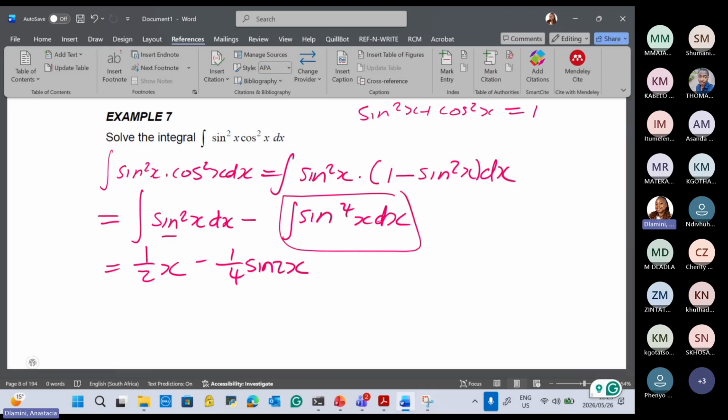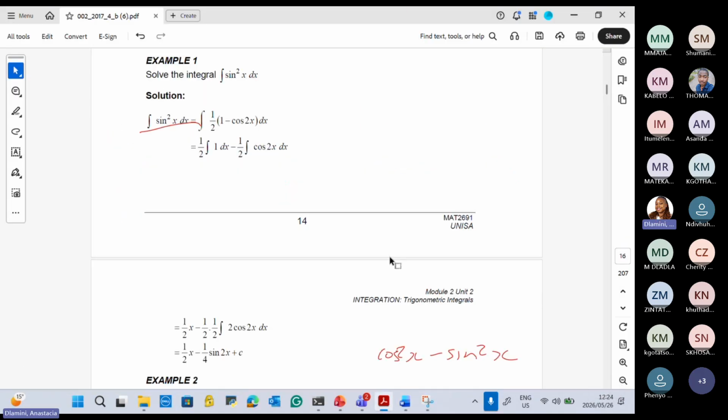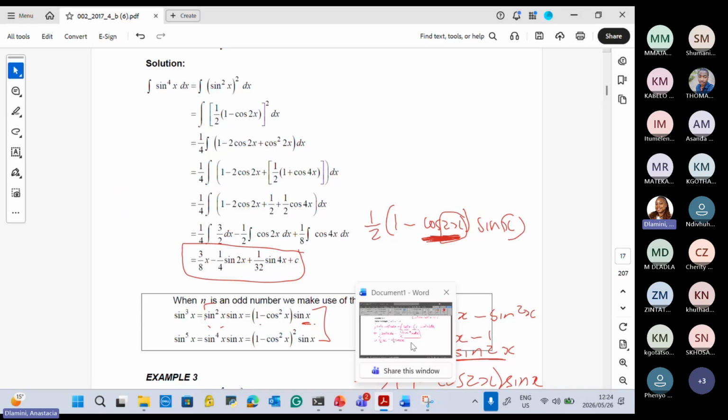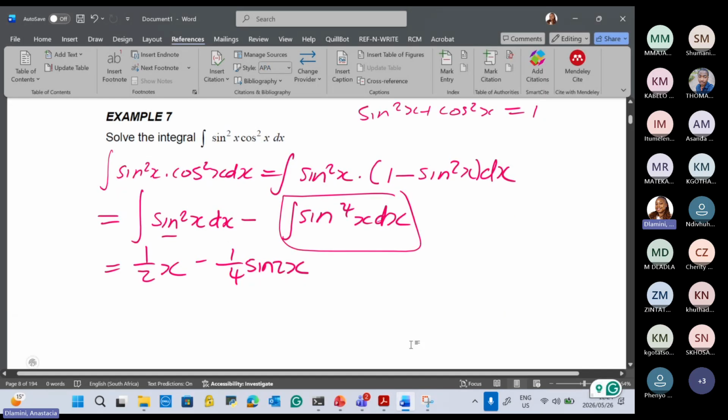Where is it? Did we find it? Let me see. Yes, we found it on page 15. It's here. It's this long one here. So this is the answer. Right, let's go and substitute it. So this is what?